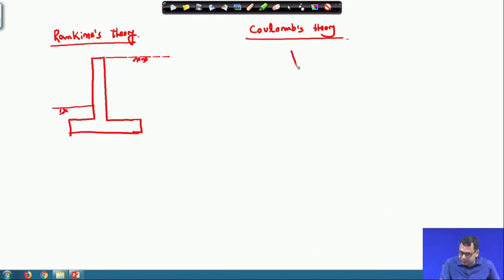Similarly, I am using Coulomb's theory for this type of wall. This is also the foundation, this is also the backfill.